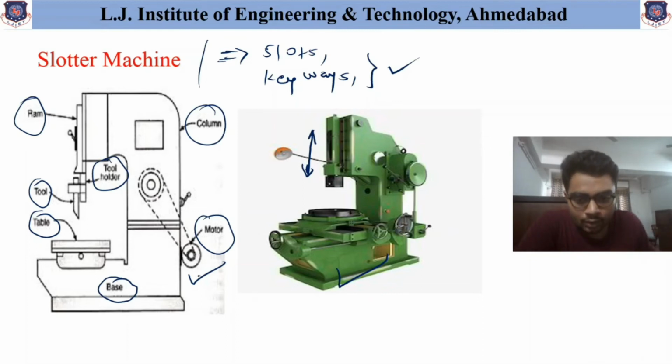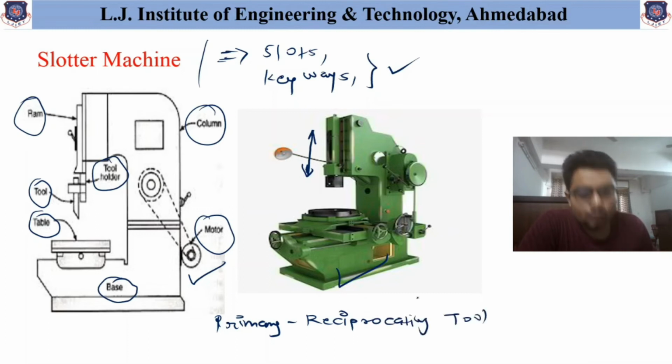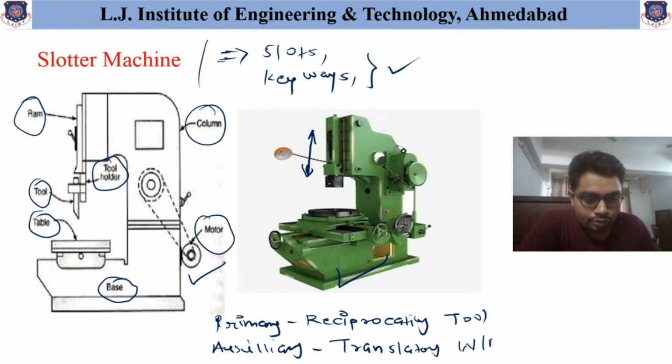Again, the primary motion is the reciprocating movement of the tool, whereas the auxiliary motion is the translatory movement of the workpiece. Translatory movement of the workpiece means it may be moved in the x direction or in the y direction. So the movement in x and y direction is known as the translatory movement.